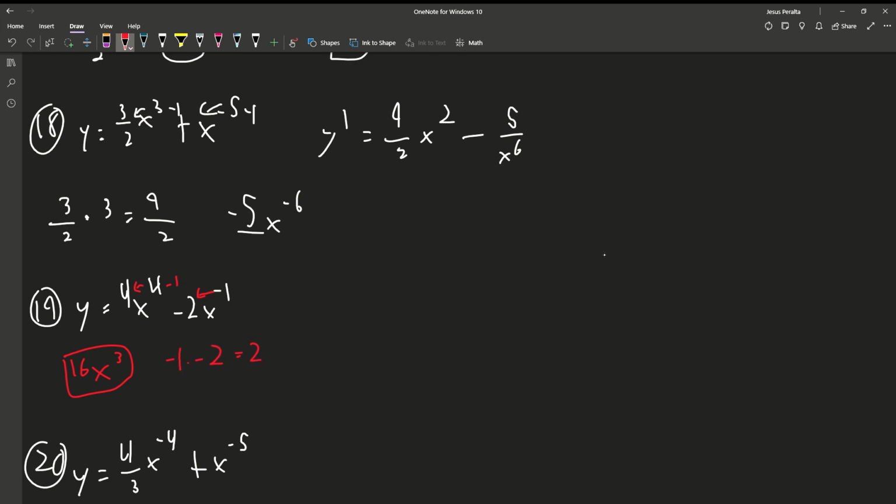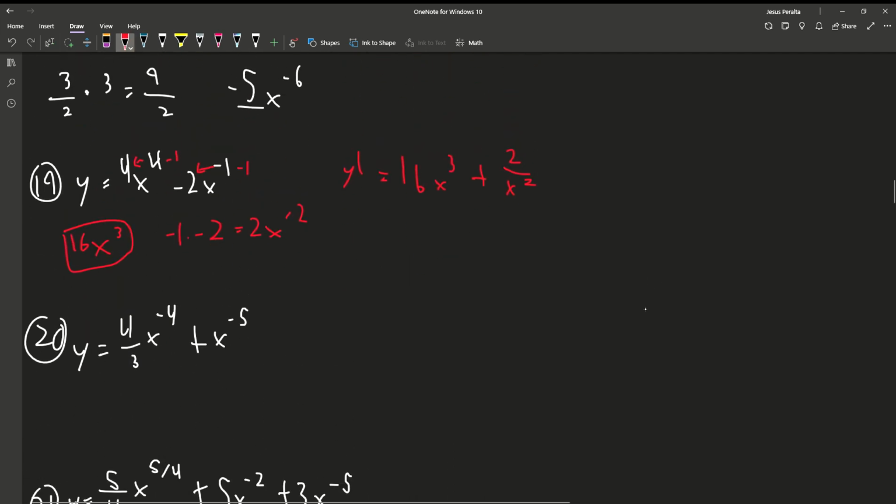And then just bring the x and then subtract 1. That's going to be negative 2. So y prime is equal to 16x to the power of 3. This number is positive, so it's plus 2. And remember, when it has a negative exponent, we move it. Sorry, I don't know why I wrote that. Boom.